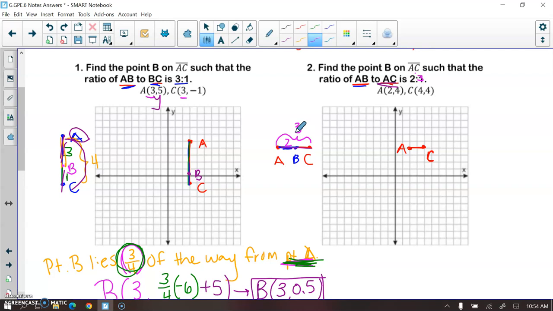And it is changed in your notes. So what this means is that point B, this one's a little different, lies 2/3, we already are given the whole segment, 2/3 of the way from point A.